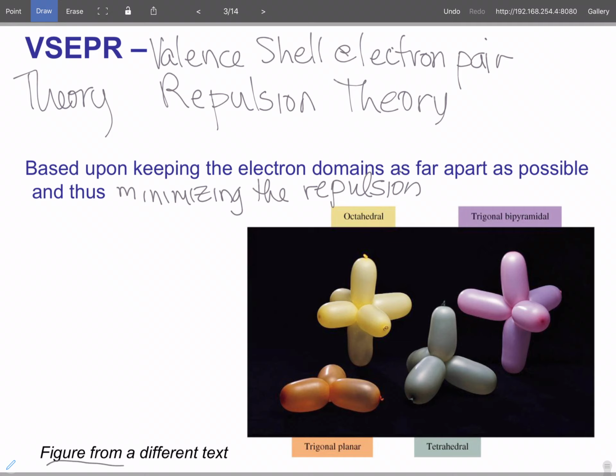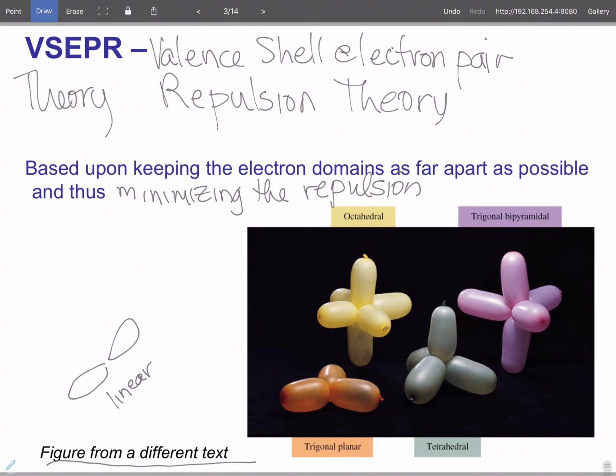Now, this is a figure from a different text. Believe it or not, if you tie balloons together, you tie three balloons together, you're going to get trigonal planar. The one we're missing is tying two balloons together, which is linear. But if you tie balloons together, they automatically go in these shapes. Why?